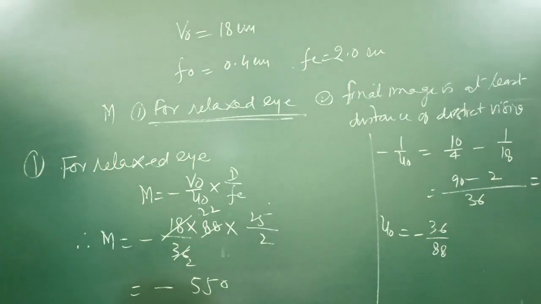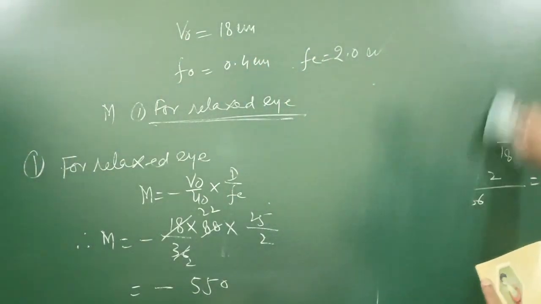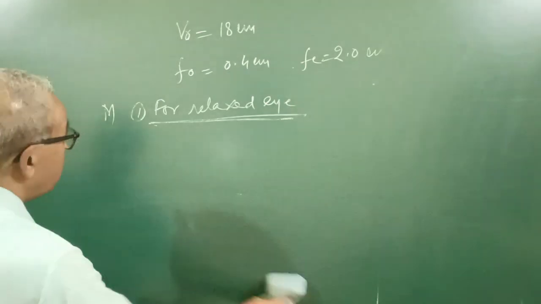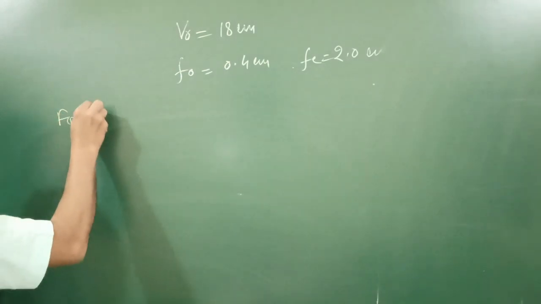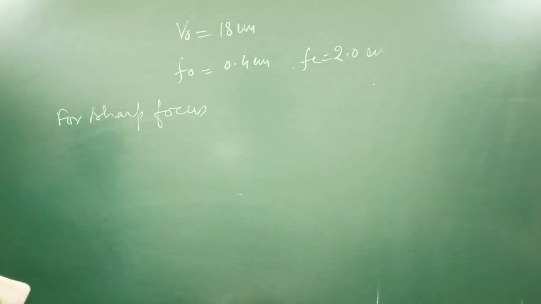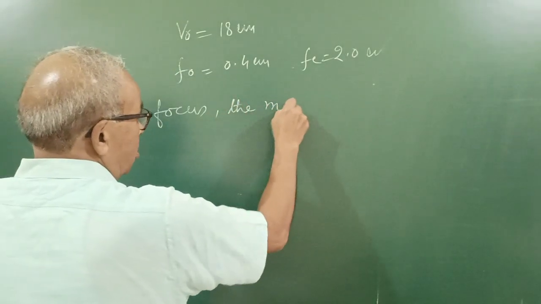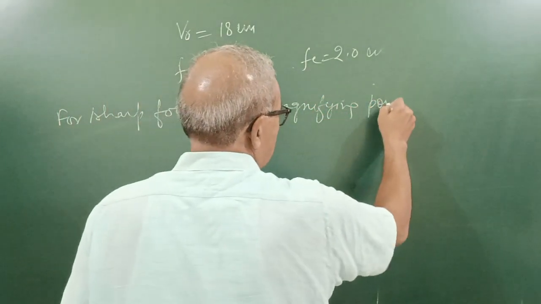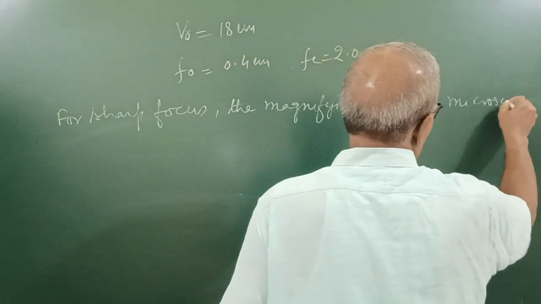So these questions are asked in competitive exams as well as board exams. Now the second question: when the final image is at the least distance of distinct vision, for sharp focus, it means the final image is at D. The magnifying power of the microscope, you must write like this.